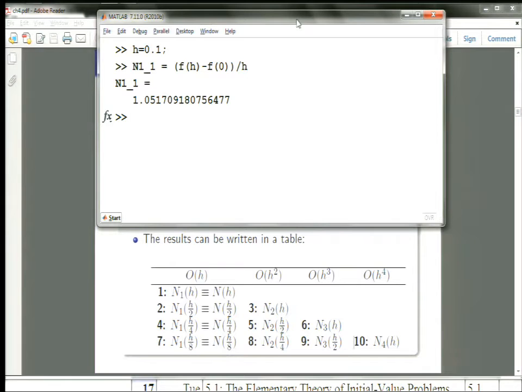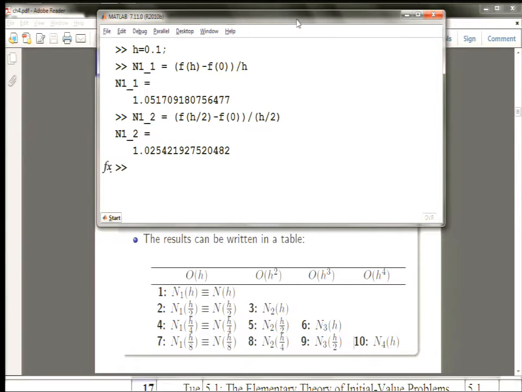But we can compute another one by doing h half, right? And we know that this is a first-order convergence scheme. So you should immediately know that if h is small enough, which it is, this should be about 1.025. Because that's what it means to have a formula approximating something, in this case equal to 1, and the error term scales with h, right? So we knew that would happen.